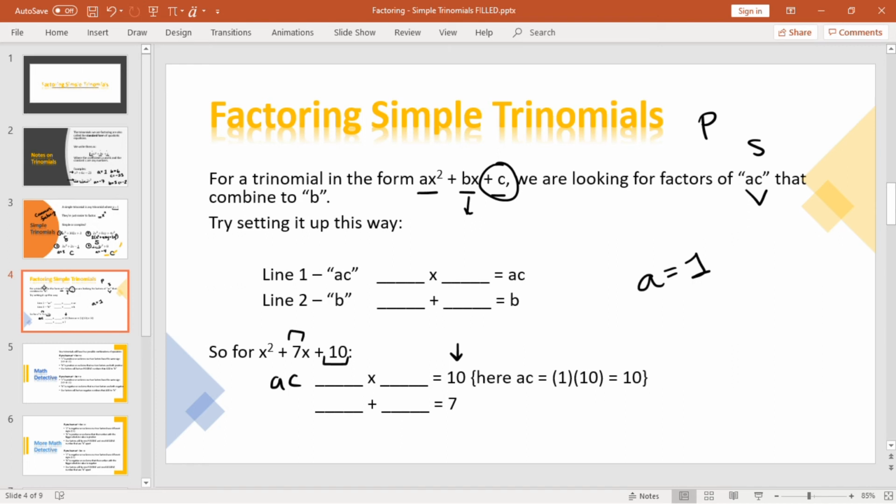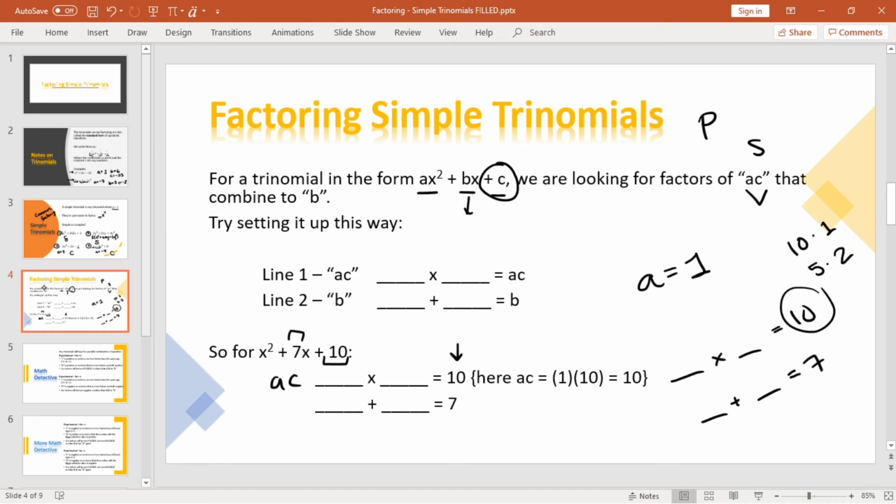So what I'm really telling you is that I need to find 2 numbers that multiply to 10 and add to 7. So you're always going to be taking that ac line, and you're going to be looking for factors of 10. How can you make 10? You can make 10 by doing 10 times 1 or 5 times 2. So if this is going to be factorable, some of those have to work.